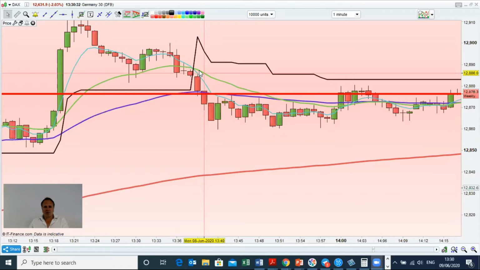Okay, so what we did yesterday is we had a signal to enter, okay, on the system that I created, which was to sell there. Okay, now the time of that yesterday was something like about 13:38. Okay, so as the price actually crossed through, so that was the 1 minute candle there, as it crossed through the black line here, that's where we sold the DAX.